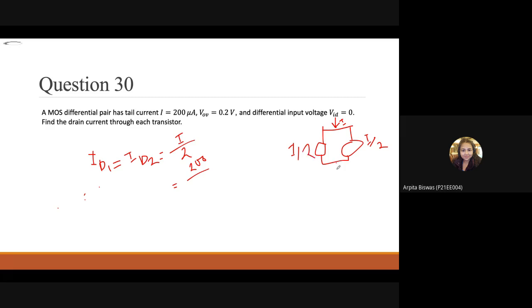This is called the tail current, and I is equal to 200 microamperes, as given here. So I by 2 is 100 microamperes. Okay. Is it clear?